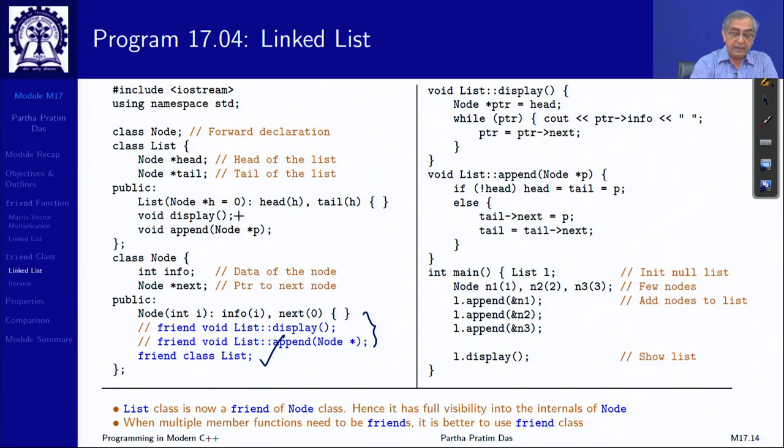Right now class list has only two member functions other than the constructor, destructor, etc. If I add other member functions, I do not have to say that they are friends of node; they will become friends of node. If I add a prepend function, or a search function to the class list, they all will automatically become friends of the node, because the class as a whole is a friend.